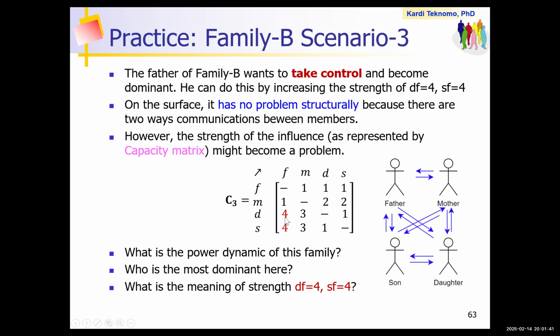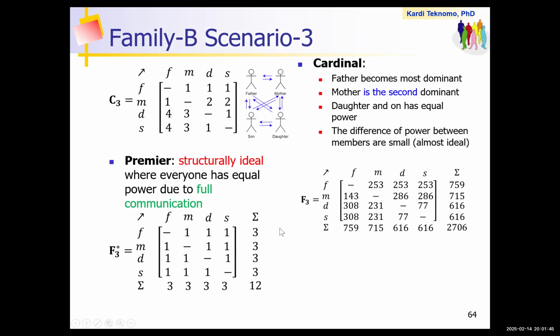What's the meaning of this DF4 and SF4? If we compute this scenario 3, he will become the highest. The father will become the highest here. Can you see? He will become the most dominant, and the mother becomes the second dominant.